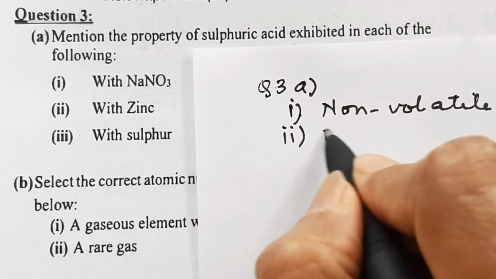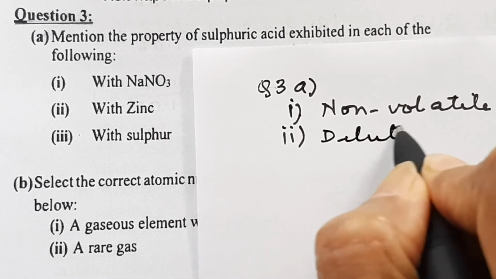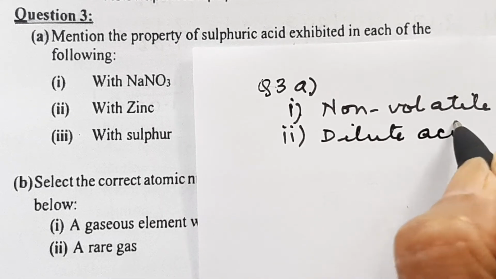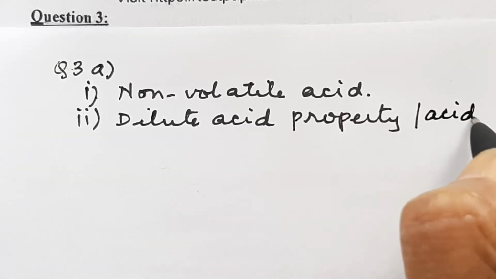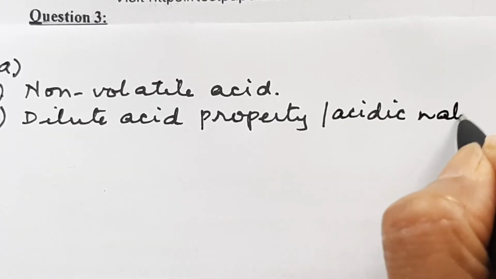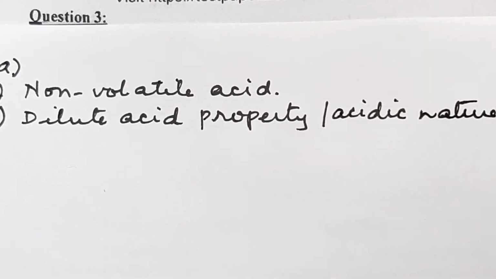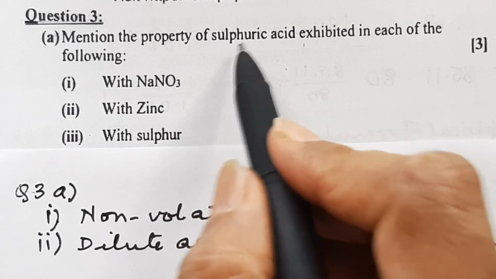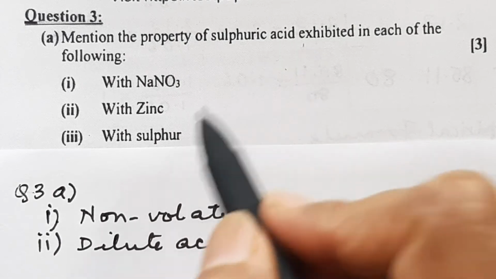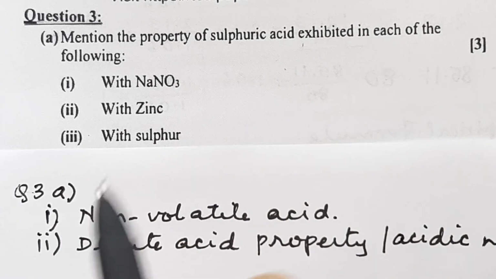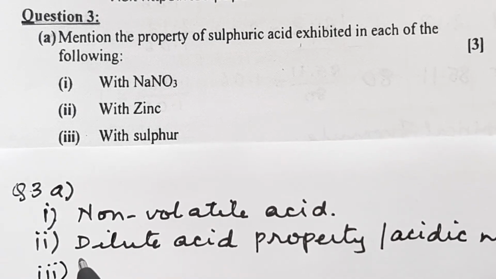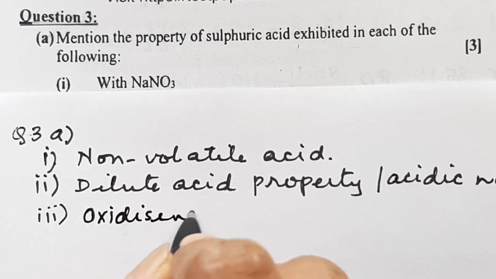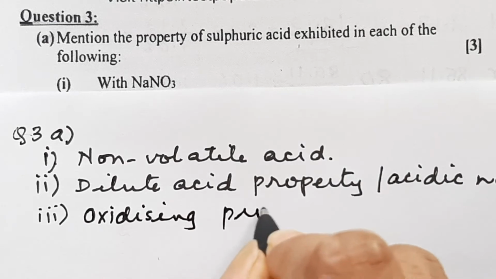So it is our dilute acid property, or you can even write it acidic nature. With sulfur, sulfuric acid will oxidize sulfur to sulfur dioxide. So the property that we have for sulfur is oxidizing property.